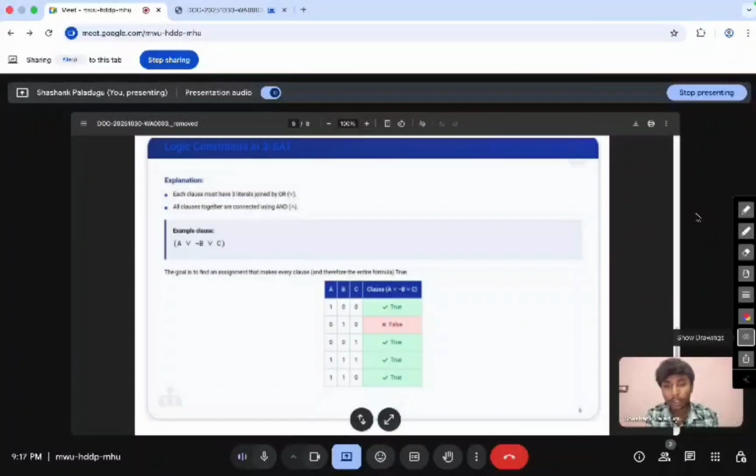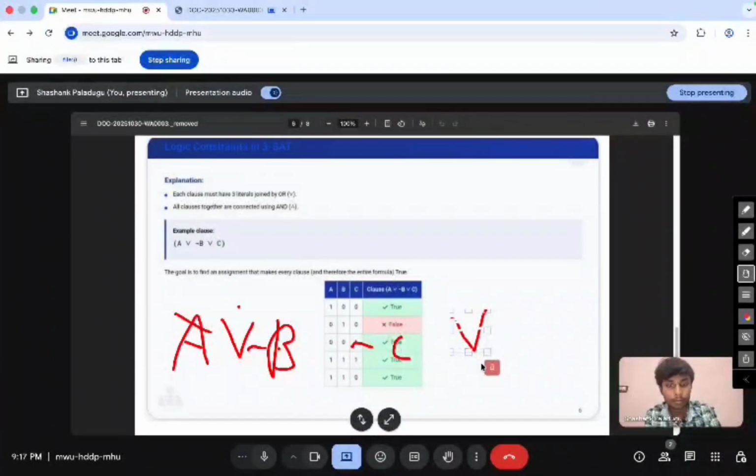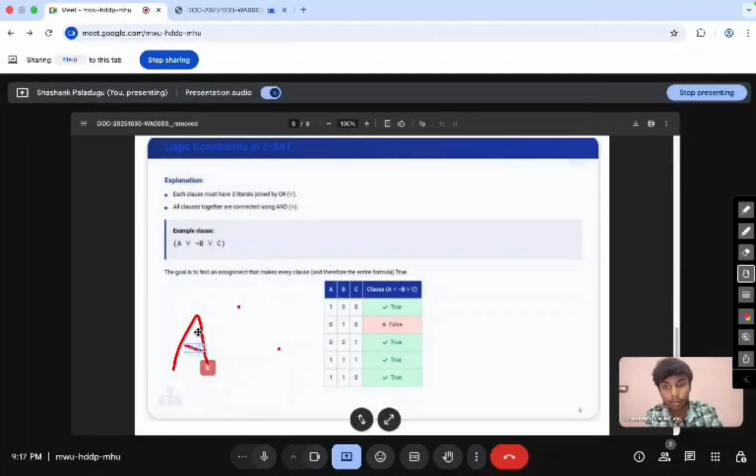Now let's look at the basic problem. Okay, I'll take the same example here.